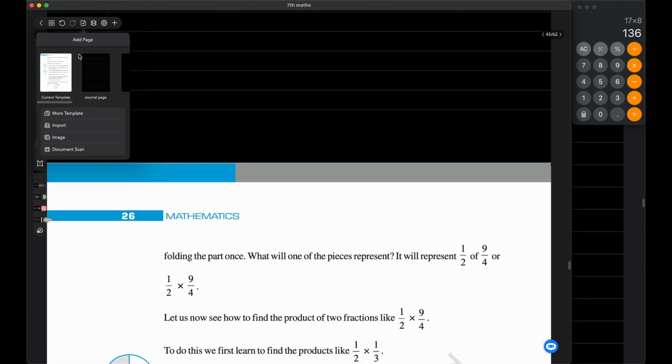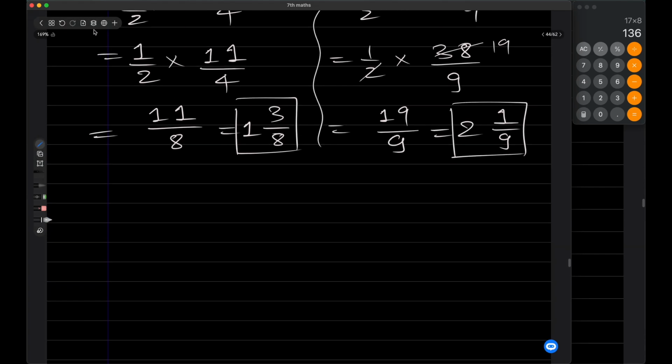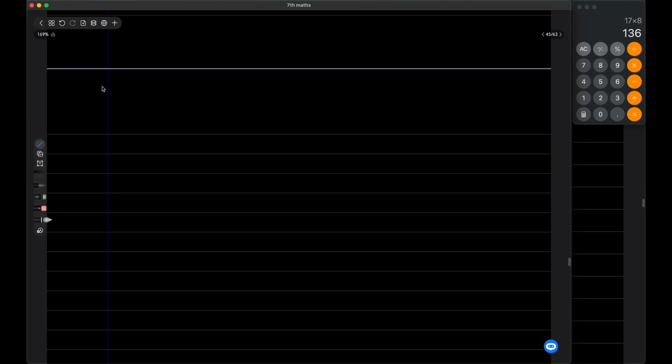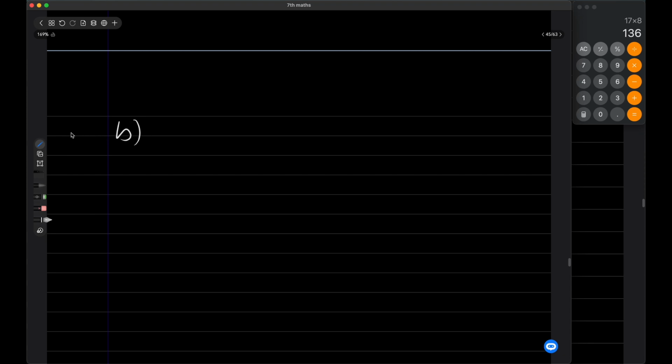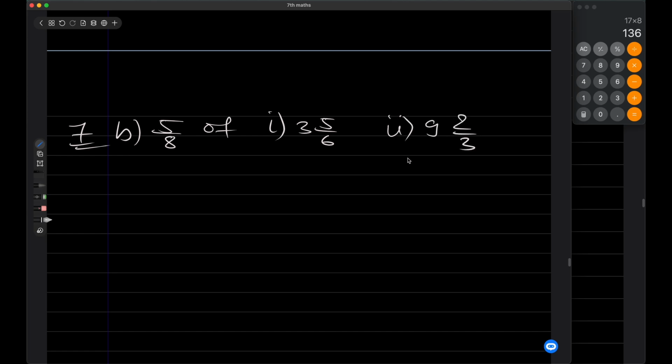Now B, we have to find 5 by 8 of first 3 whole 5 by 6 and 9 whole 2 by 3. That is 5 by 8 of 3 whole 5 by 6. We can replace of by multiplication sign.